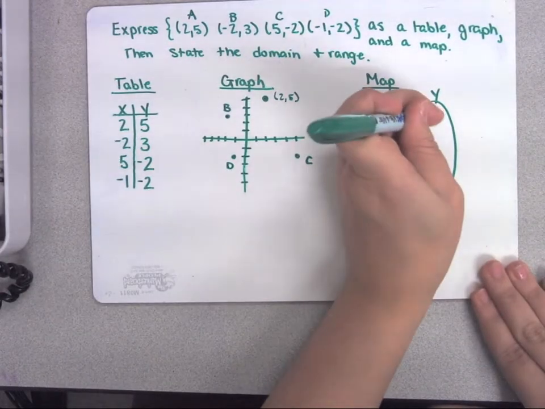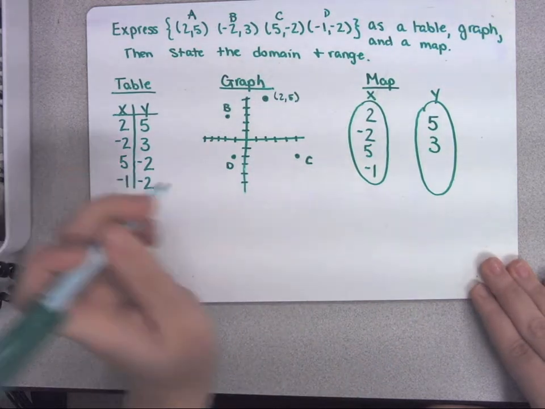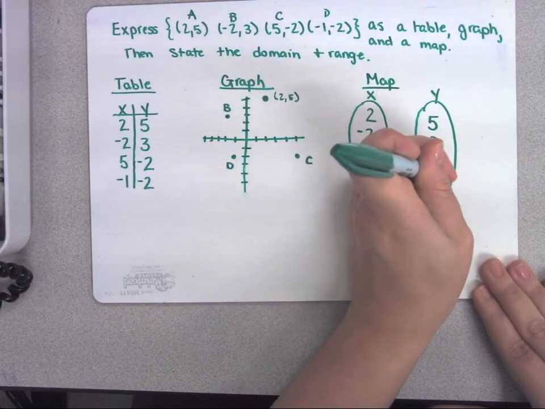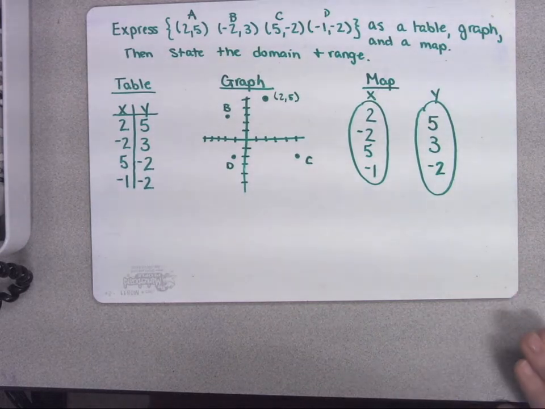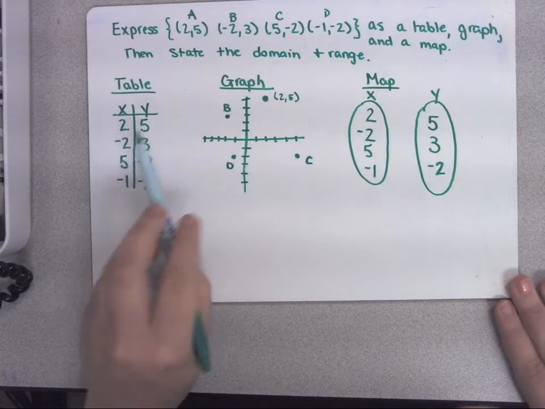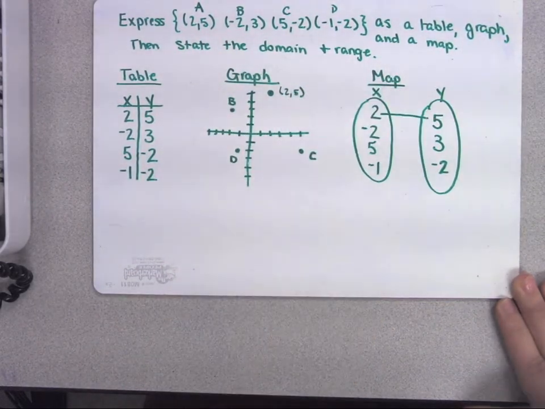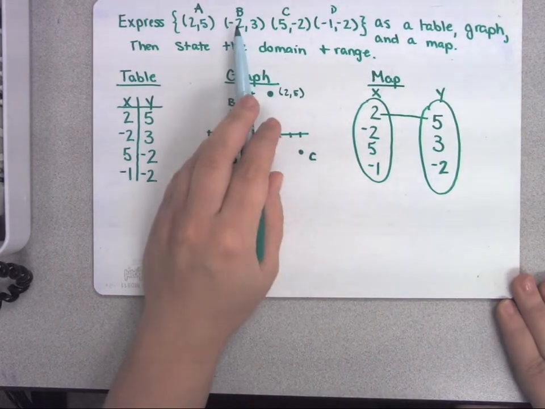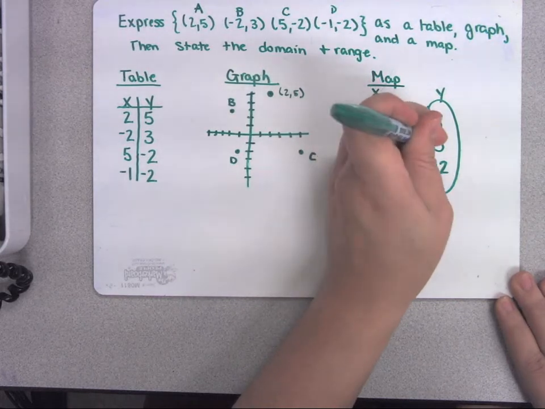So I'm going to write a 5 because I only see it once, a 3, and then since there's 2 of those, I'm only going to write one of those -2s. Now to show the ordered pairs I'm mapping, you just draw a line. So one of my ordered pairs was 2, 5. So from 2 to 5, I draw a line. B, the point was -2, 3. So from -2 in x to 3, I draw a line.